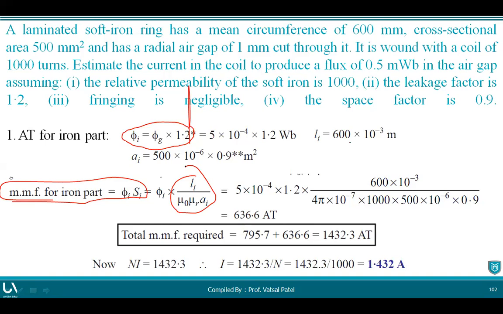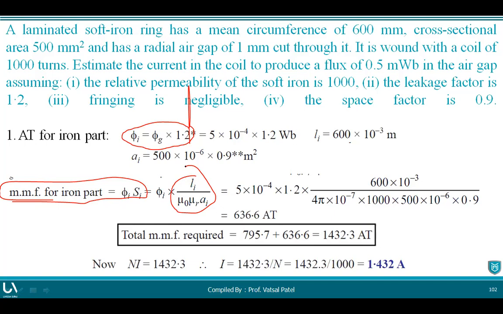Li is 600 into 10 to minus 3. The flux is 5 into 10 to minus 4 into 1.2, divided by 4 pi into 10 to minus 7 multiplied by 1000, the relative permeability of the soft iron material, multiplied by 0.9 times the area. From that you can identify the MMF for the iron part.